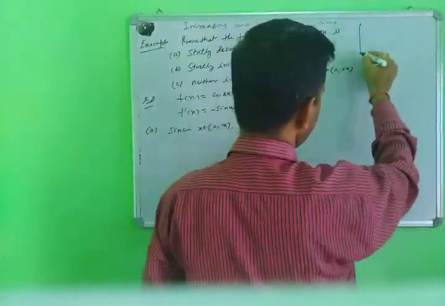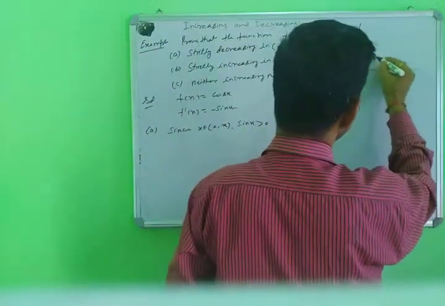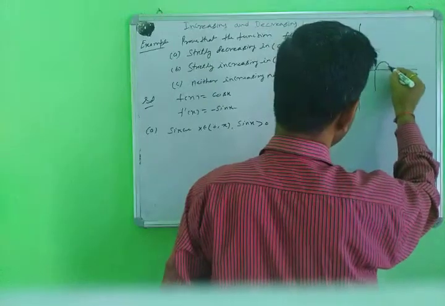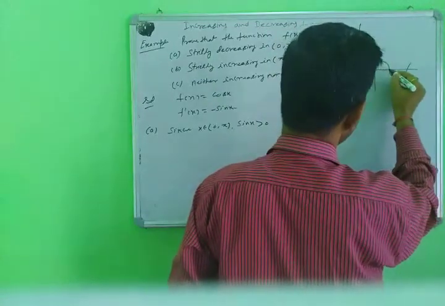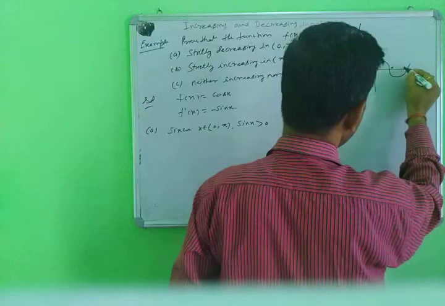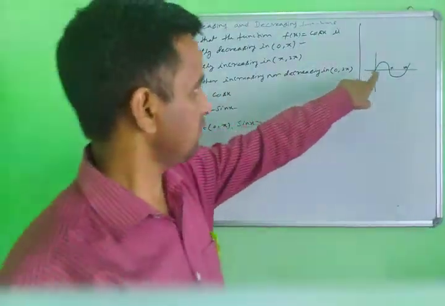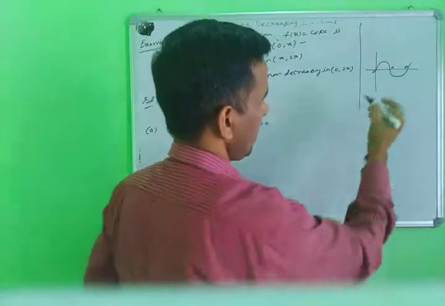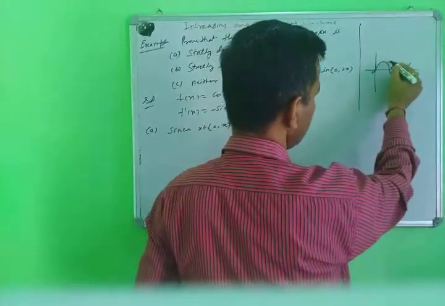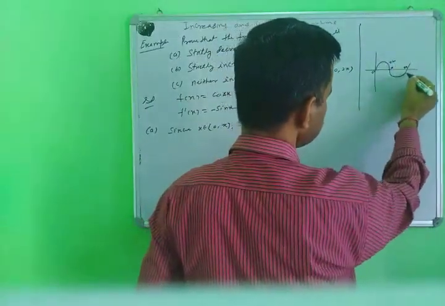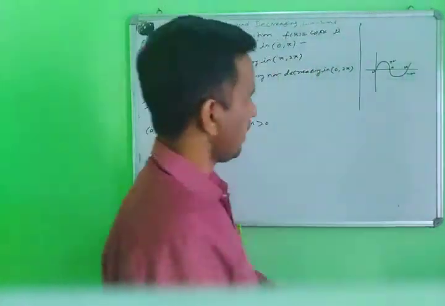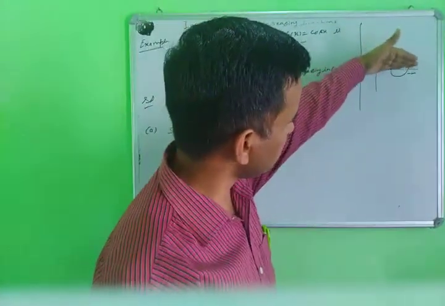Now look here, this is the sine function. Here 0, here pi, here 2 pi. In the interval 0 to pi the value of sine is positive. Above the line is positive value, and below the line is negative value.